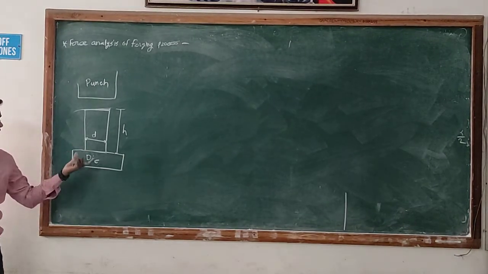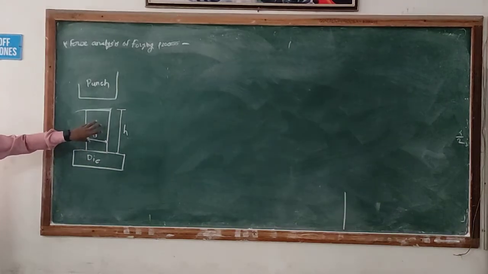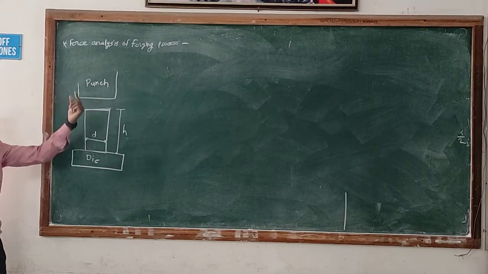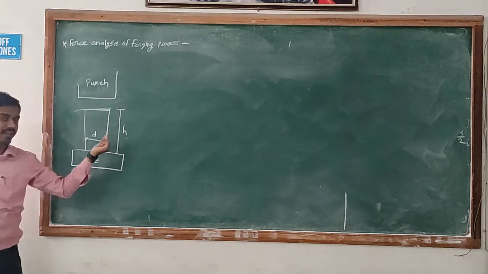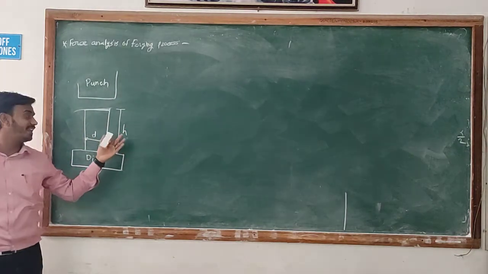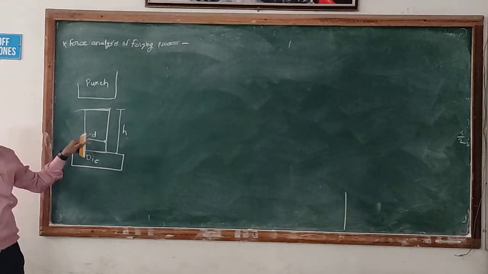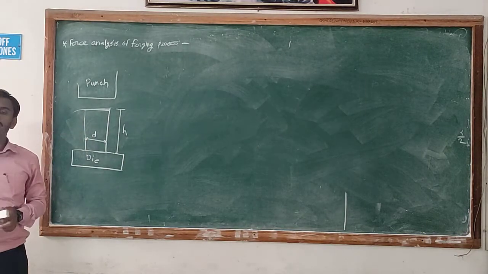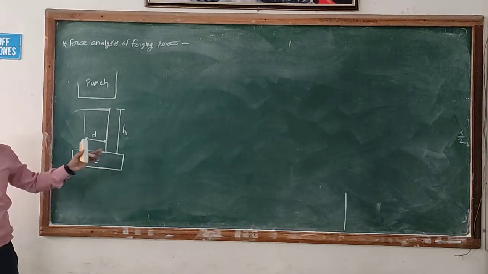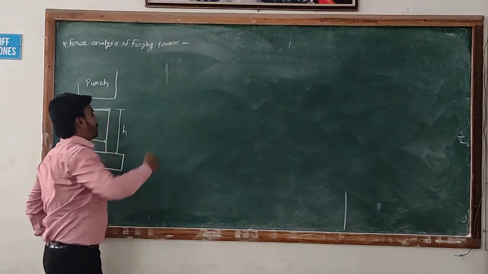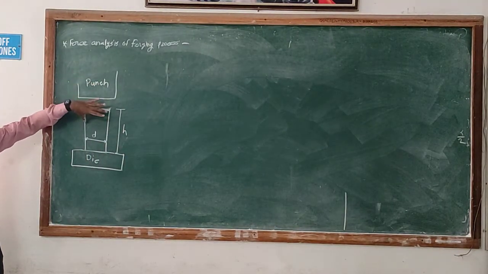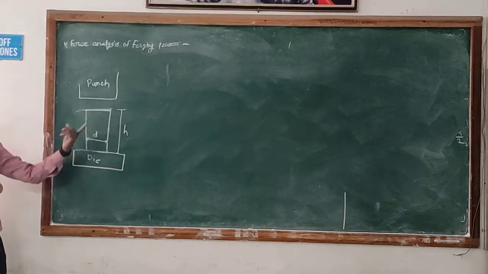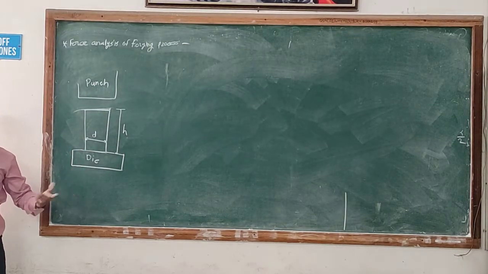See here, this is a die, this is a cylindrical raw material, and this is a punch. The cylindrical raw material has a height h at any instant, and a diameter d at any instant. When we apply force by the punch on this material, its height reduces and its diameter increases.